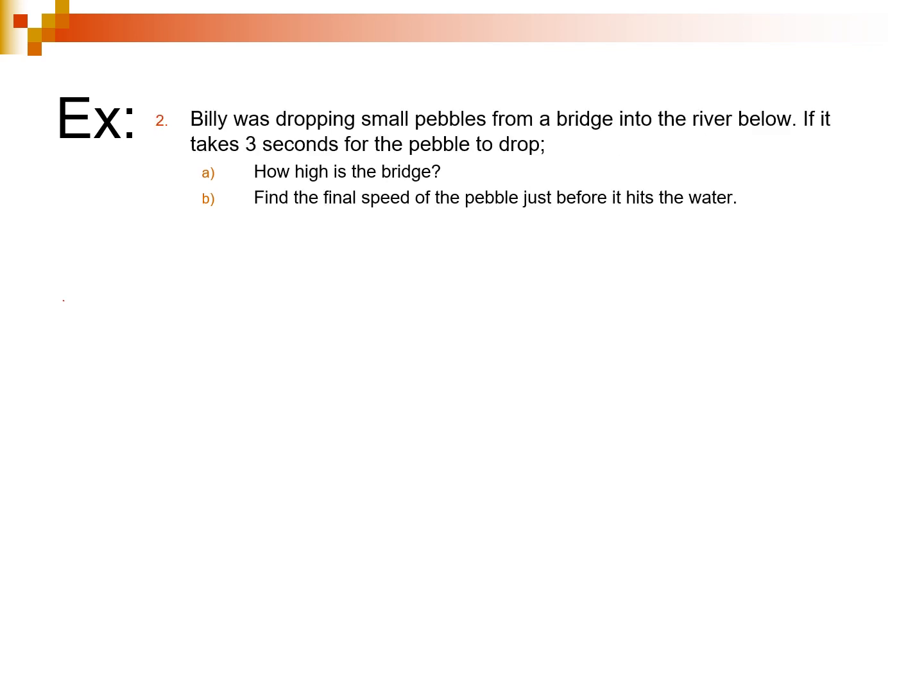Here is another example problem. You may want to stop the video here and try this question on your own, and then you can check your answer with mine. I start by having a list of given and unknown, and this is my positive y and positive x-axis.